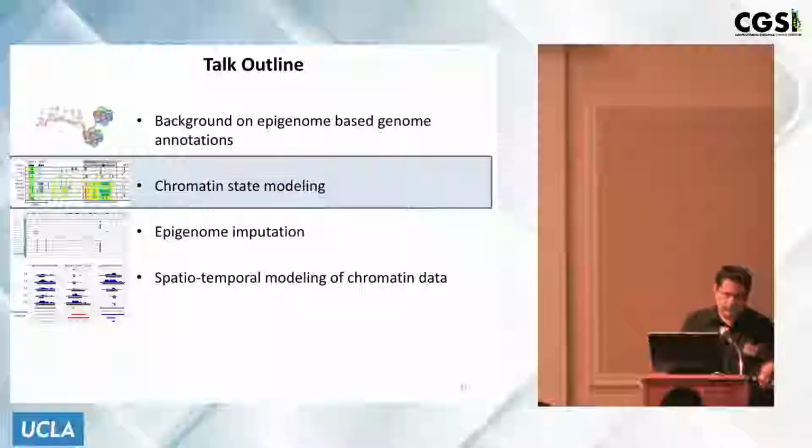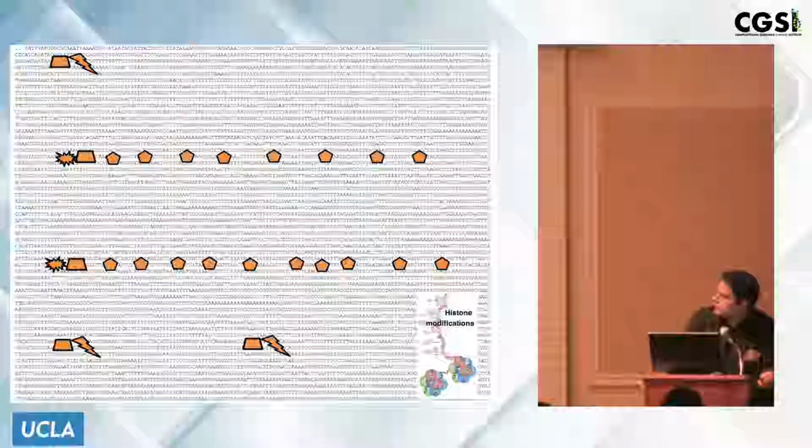This motivates another strategy for annotating the genome or epigenome in an unsupervised way, based on chromatin state modeling. To give some intuition, on top of the DNA sequence we could have different histone modifications represented by different shapes.